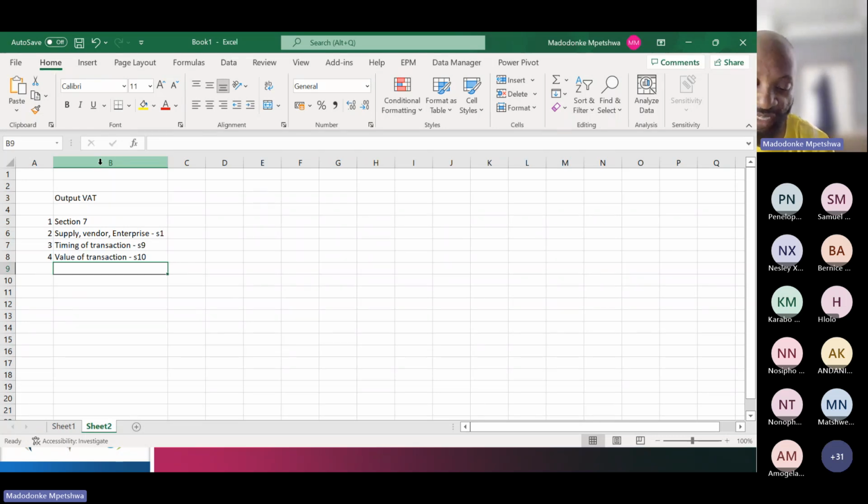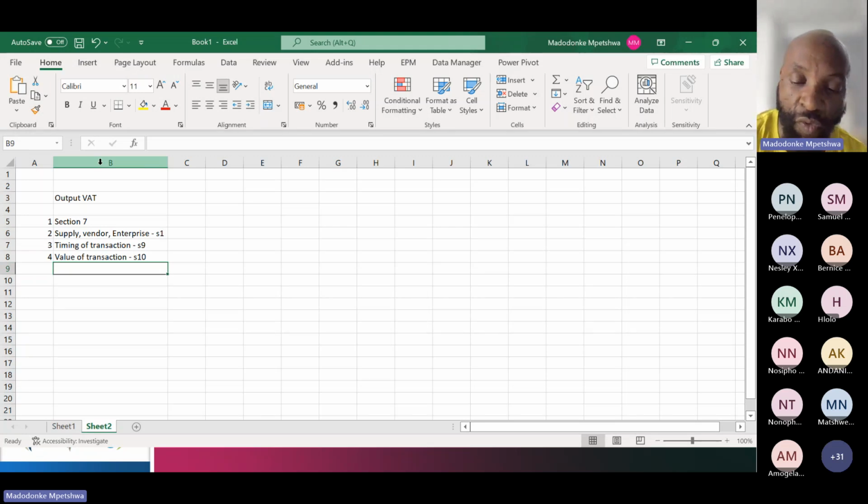Okay, as you can see, the legislation is very specific. It says including, it includes the amount of VAT that is charged on that supply. So if you are in a test and the scenario specifically talks about an open market value, it means that amount is this amount as defined in the legislation as the open market value.